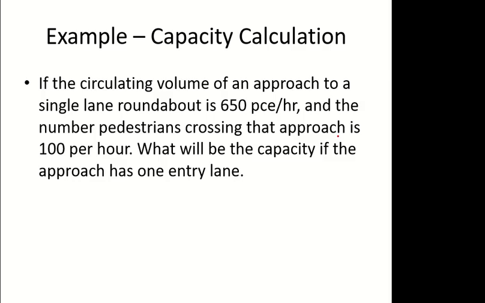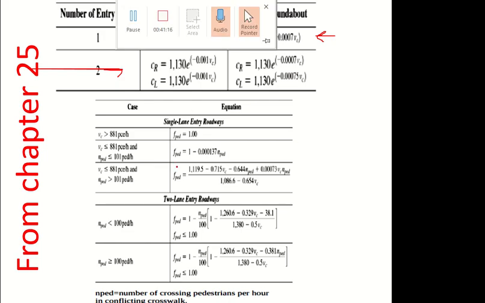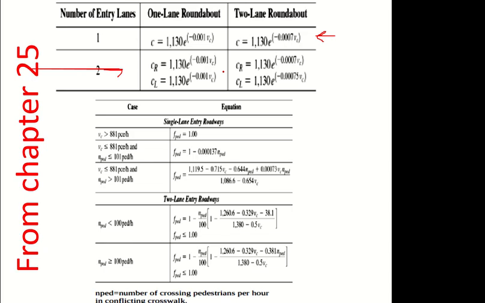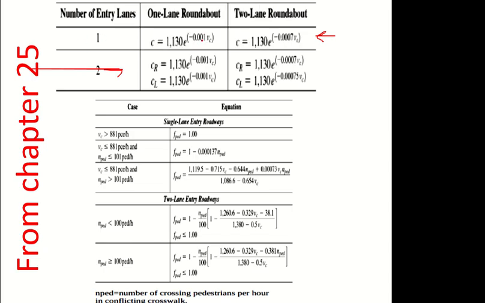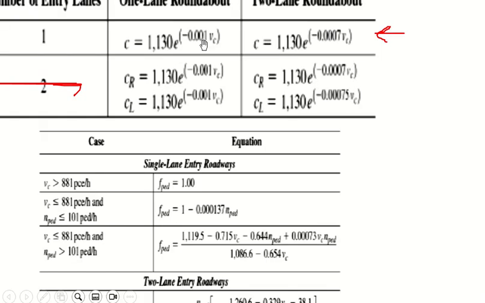First thing is I will go to the first table and look for which equation applies to my case. One lane roundabout, one lane entry. So I'm going to apply this equation, the first one. If VC is 650, how much is my capacity? Tell me.